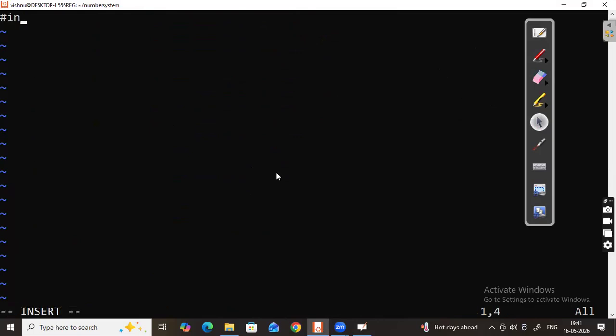Write #include <stdio.h> and the main function. Which input am I taking? Let's take an int variable, any variable you can take. int z equals, what is the input you have taken?